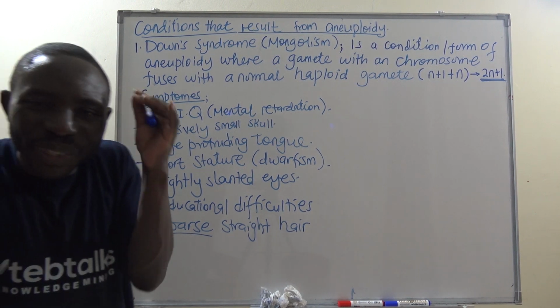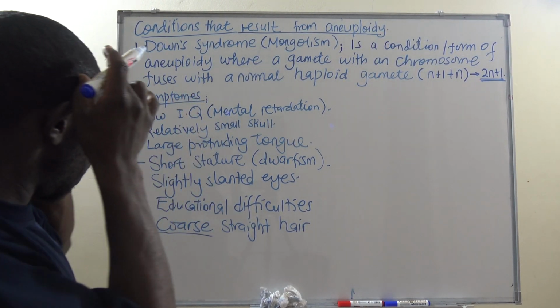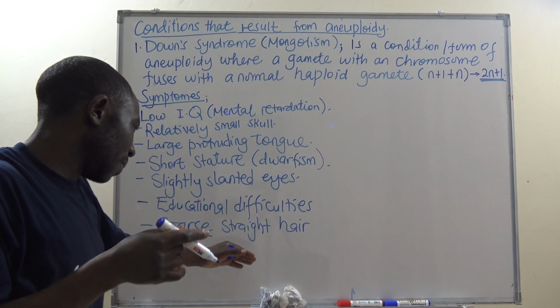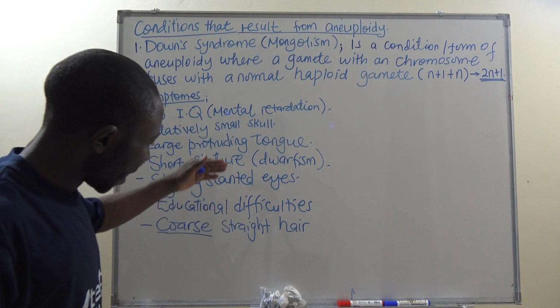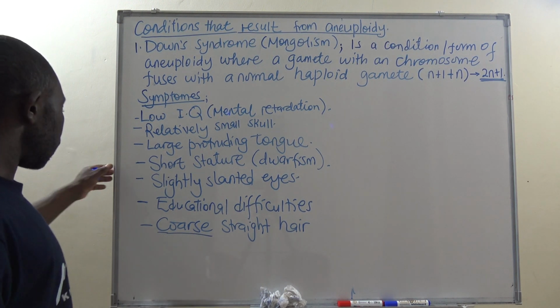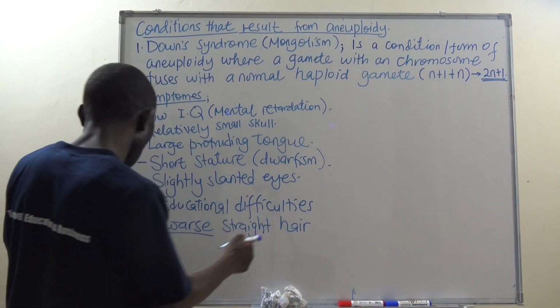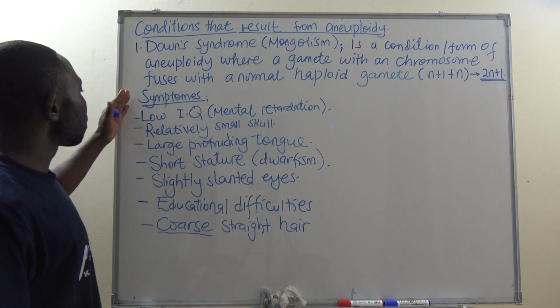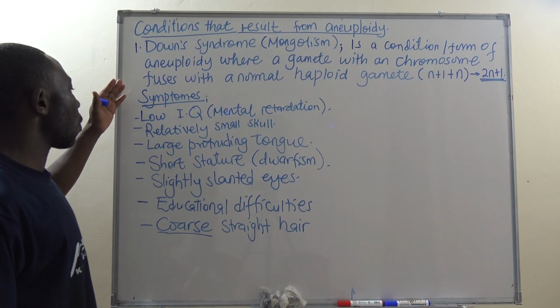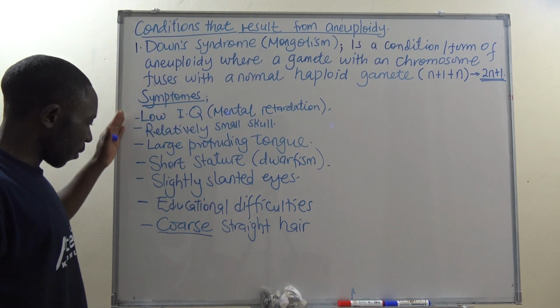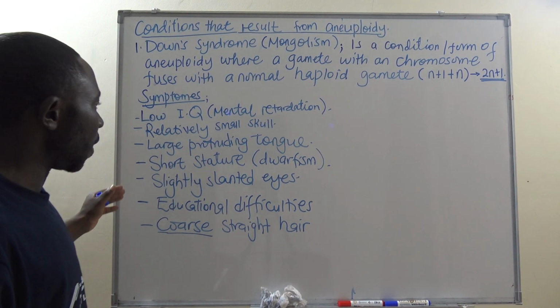It is not soft, and then straight on the head. So we say coarse straight hair. So now, these are what we call the symptoms of Mongolism, as outlined on the board.